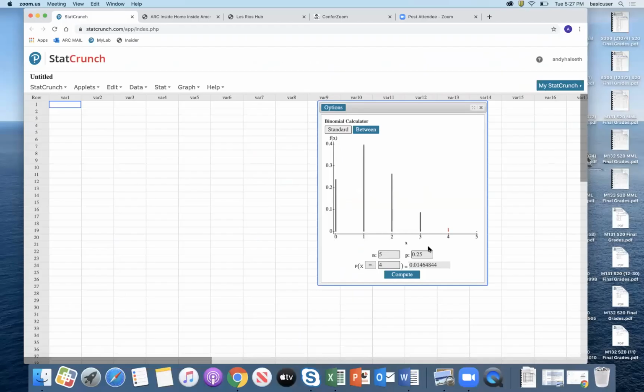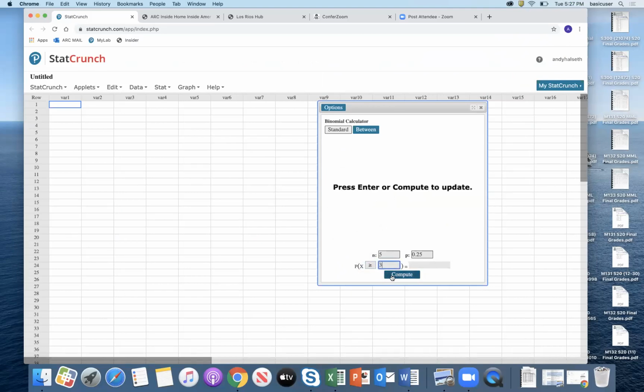You might have noticed you can put inequalities in. Let's cancel that. I can change this inequality: what's the probability of getting at least 3 right? That's greater than or equal to 3, and I can calculate that. Use those inequalities for these types of problems. It's going to be way faster than finding each one individually and adding them all up, so definitely use StatCrunch for those.